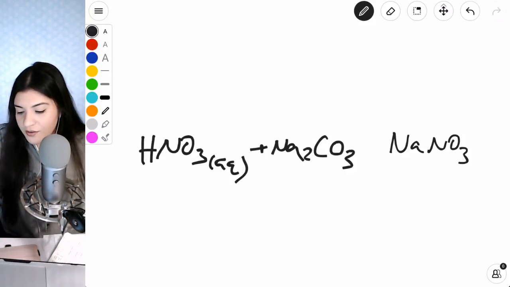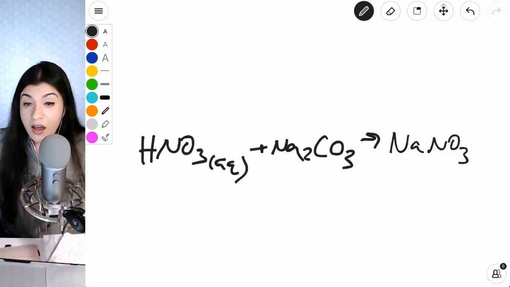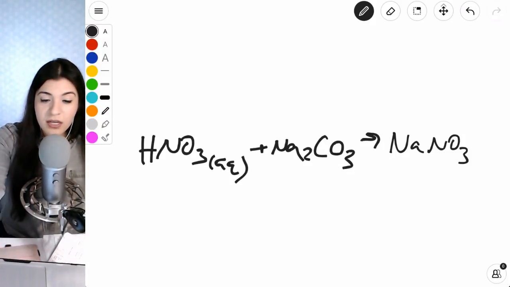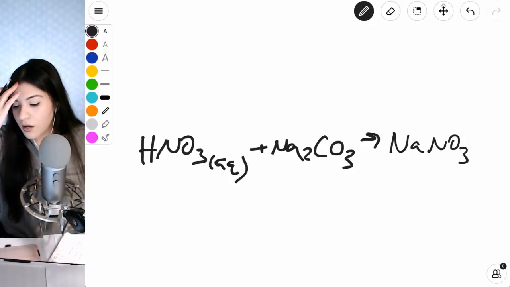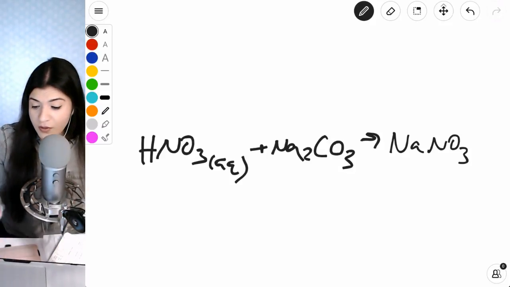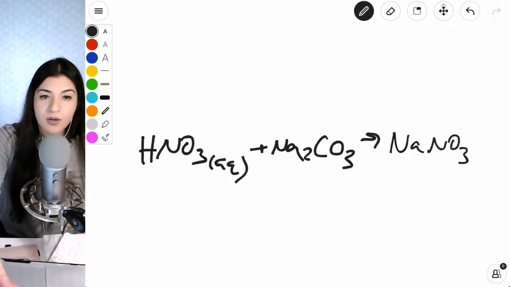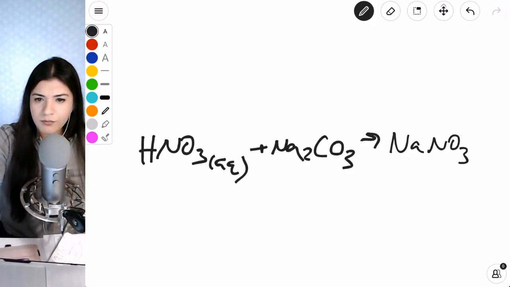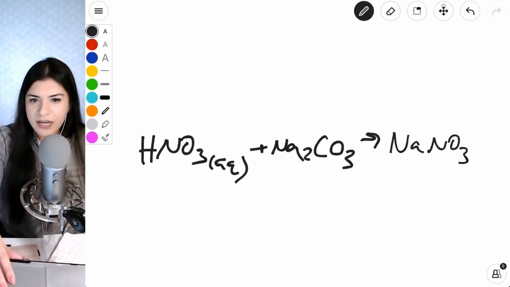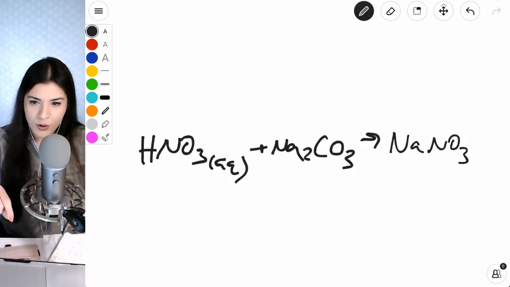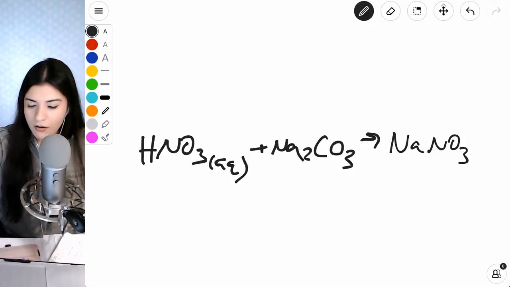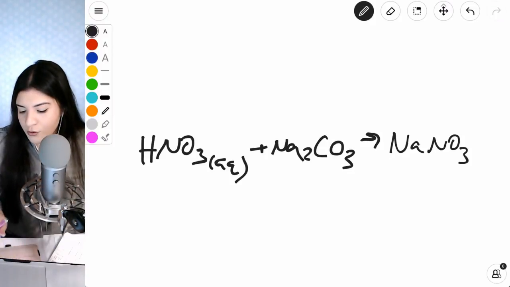This would have been a 2 here. So I could have combined those two together, and then I can look at solubility and see what's actually going to react and form. Let me double check my solubility table. Carbonate is typically insoluble with the exception of our first group, so that makes this aqueous.